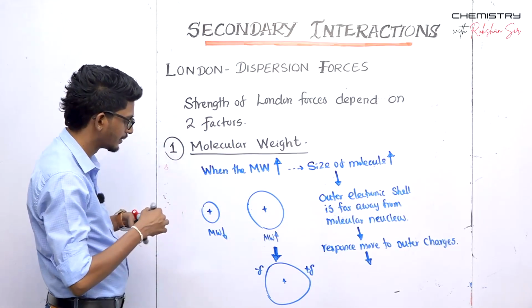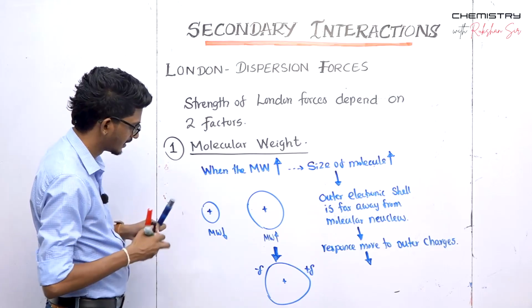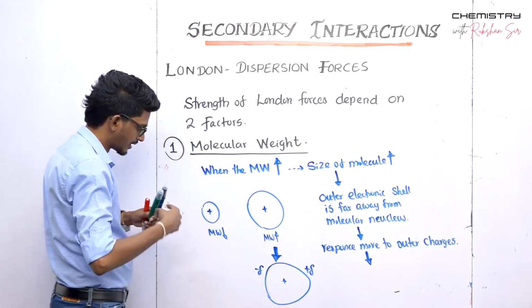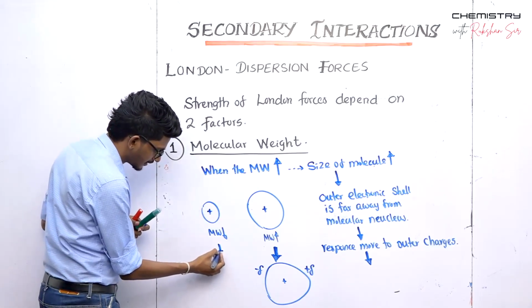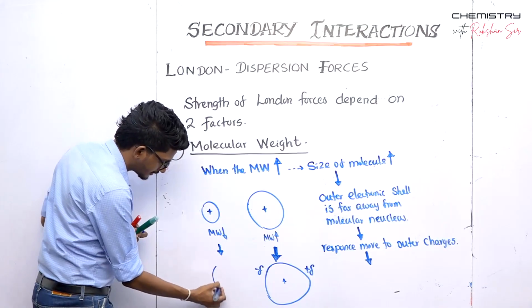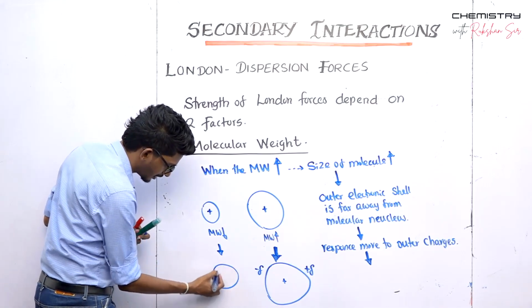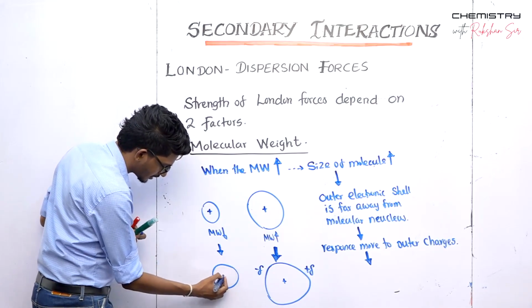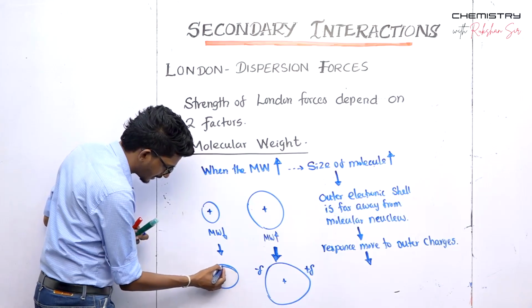When the size is high, polarizability is greater. But with this one, the size is small, polarizability is small. Very negligible poles will appear.